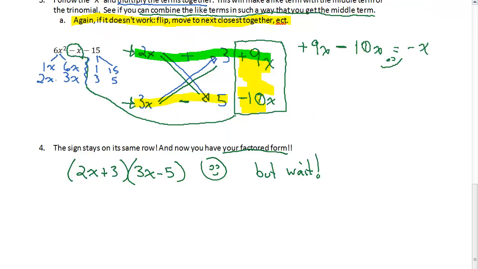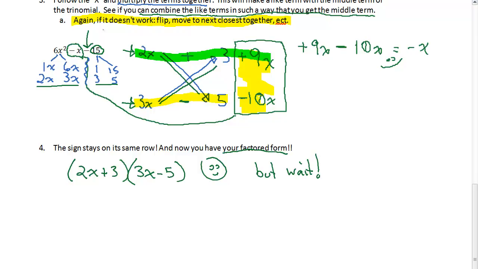I know that the 2x and the 3x give me 6x squared. I know that 3 and 5 give me 15. And I know that the plus 9x and the negative 10x give me this negative x. The only thing I haven't determined is the sign of this guy right here.